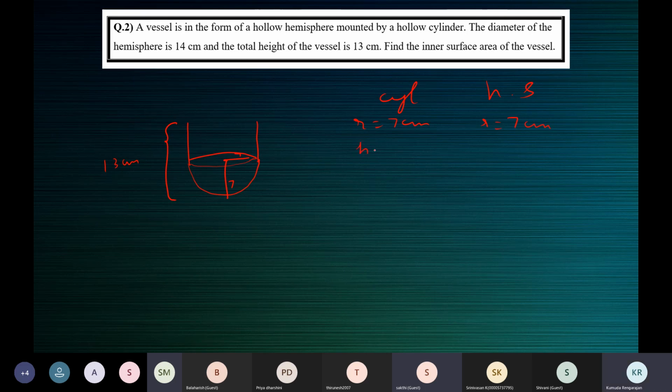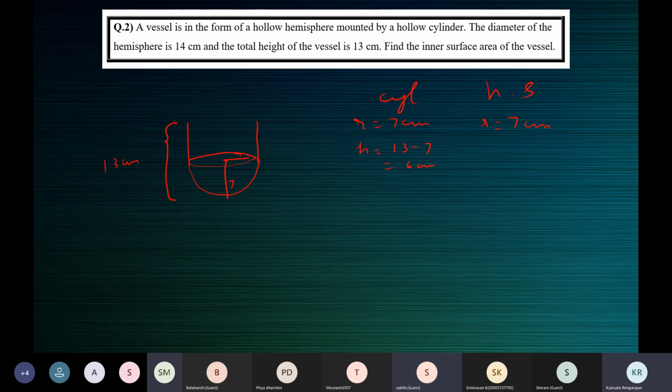What's the height of the cylinder? 13 minus 7, 6 centimeters. Because the total height 13 minus the hemispherical height 7 will give the cylindrical height 6.